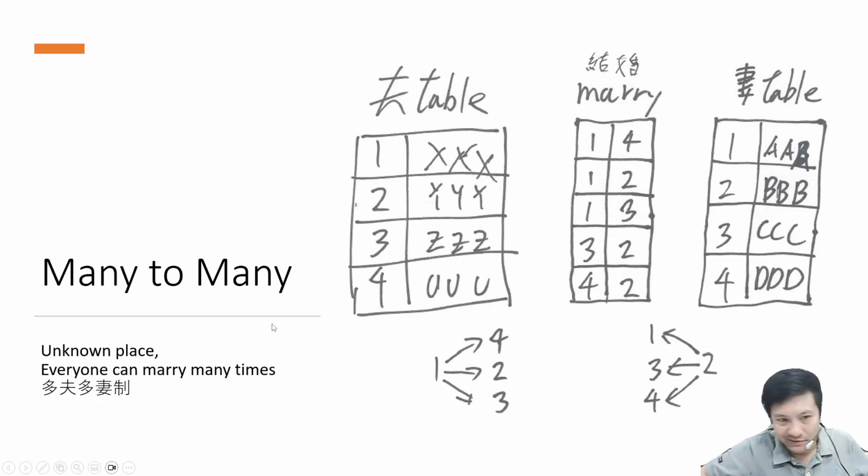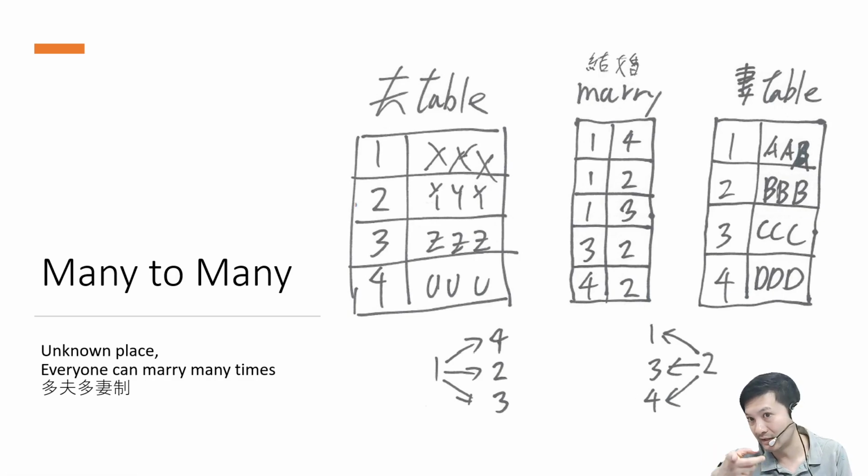Now this is the final one, the something very crazy one. You got an unknown place, maybe another planet, where every man can marry every woman, and a woman can marry different men many times. No rule at all. For example, you just type it down. You will find you need a table called marry as the relationship.